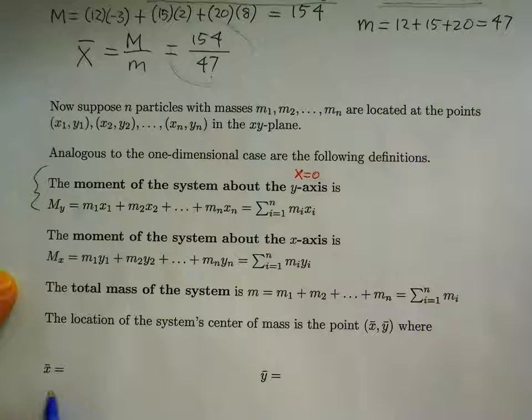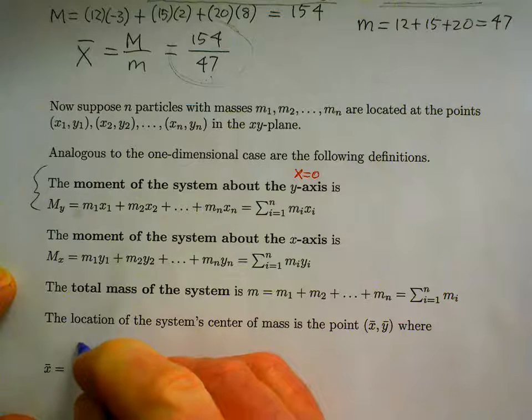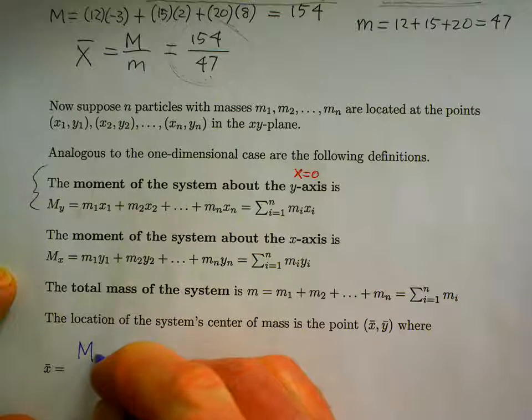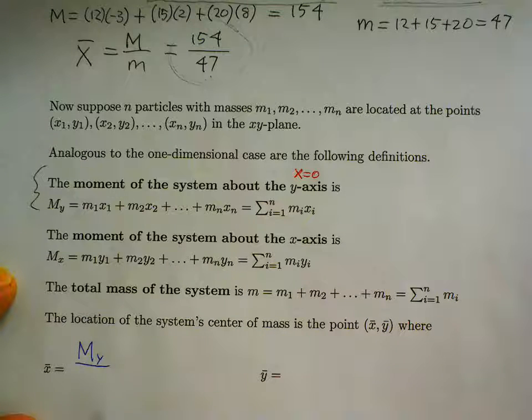So analogously, in the two-dimensional case, the x-coordinate of the center of mass is the moment of the system about the y-axis divided by the total mass of the system.